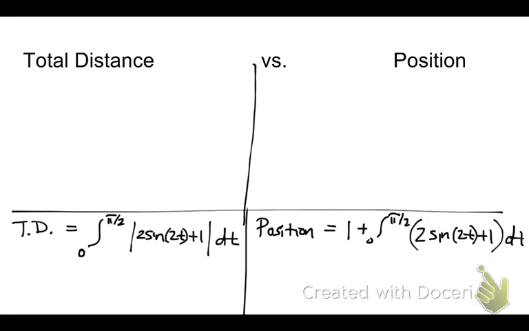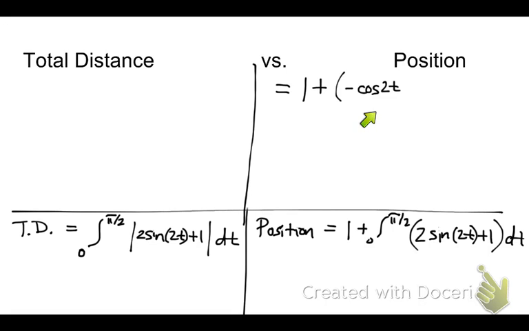Okay, so let's look at position first because I don't want to have to deal with that absolute value just yet. So for position, it's equal to 1 plus the integral of 2 sine of 2t, which is negative cosine of 2t.